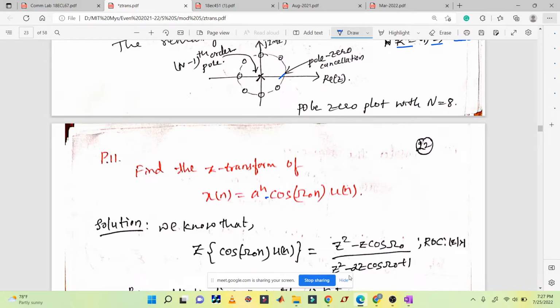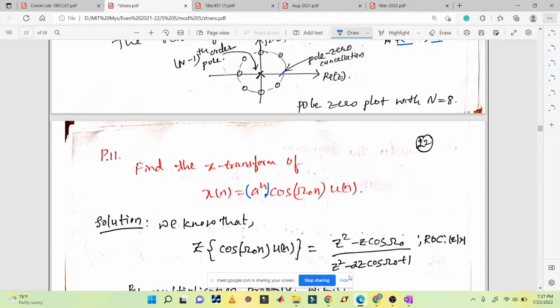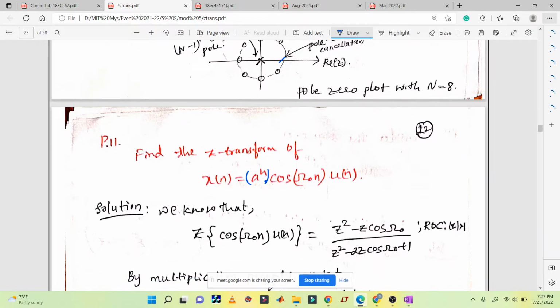It is a cosine signal multiplied by a to the power n. Okay, using properties, can we solve this problem? I am waiting for your response.